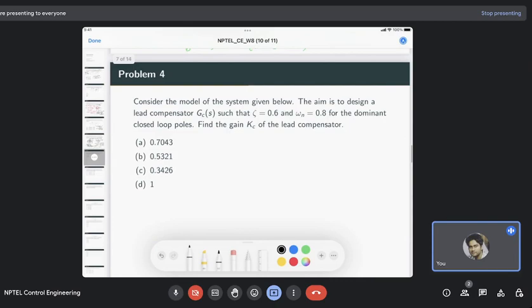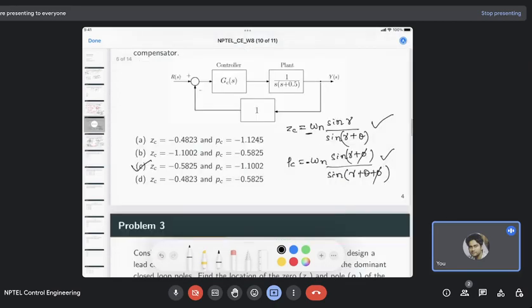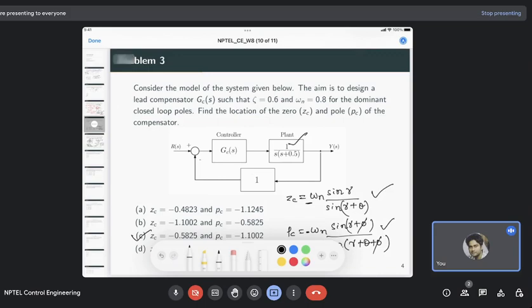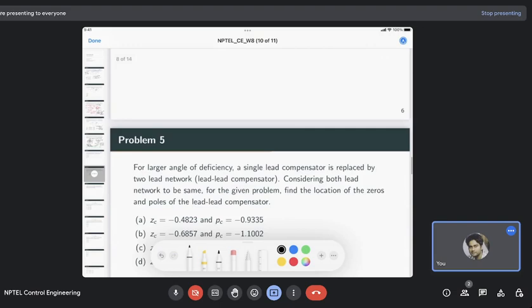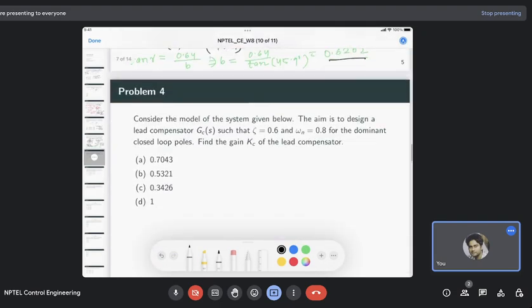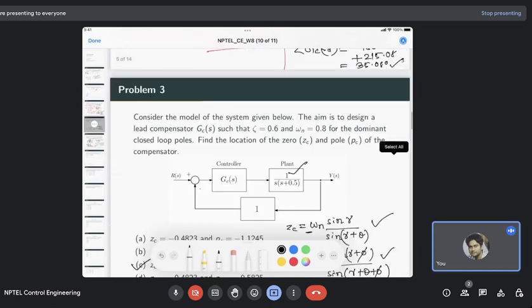So from the gain condition you can easily compute the compensator gain, because this plant gain is given here 1, so the total gain should be provided by the compensator.